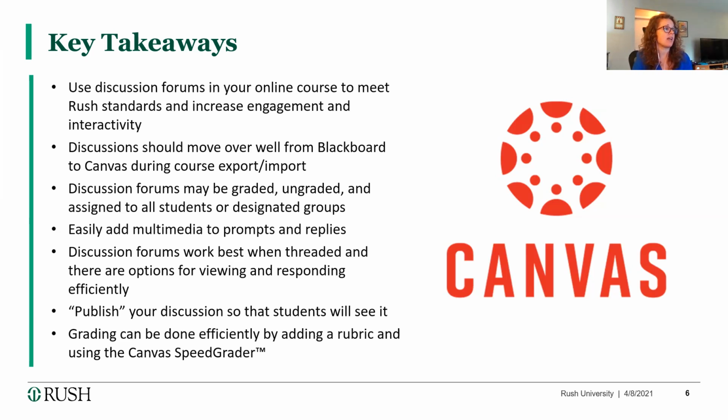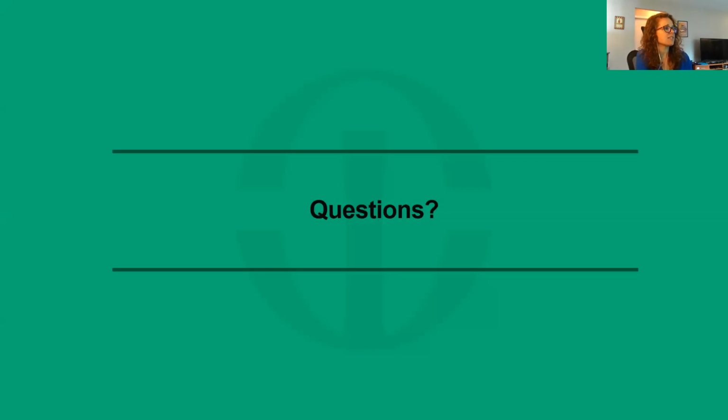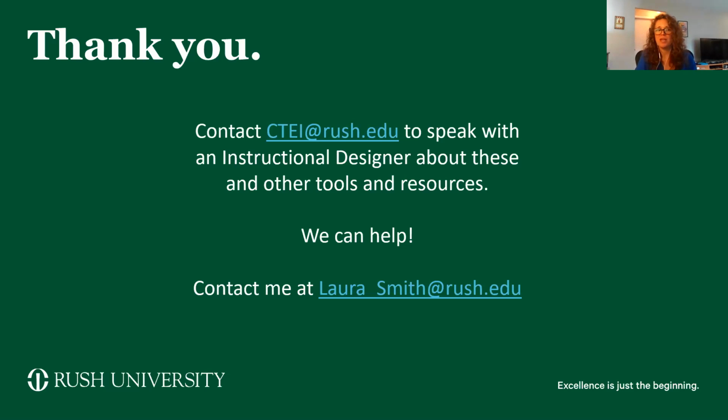And also using the Canvas SpeedGrader, which I believe will be discussed more at length in next week's workshops and boot camp. So you'll get into the nitty gritty of grading at that point. But that's pretty much the highlights of what I wanted to talk about. And of course, you can reach out to me or Brandon or Lynette or any of the rest of the team should you have questions or want help with this or other tools in Canvas.